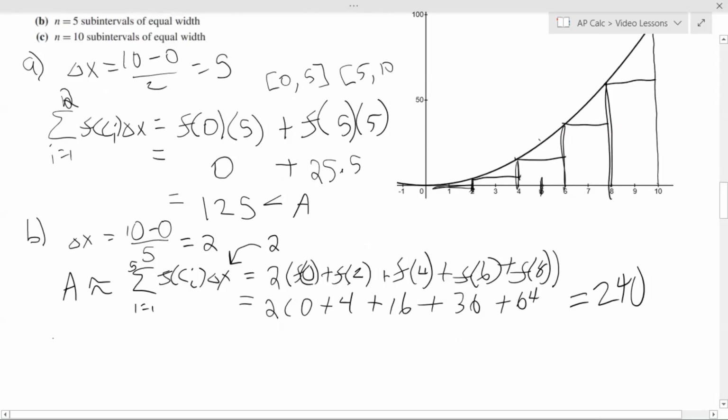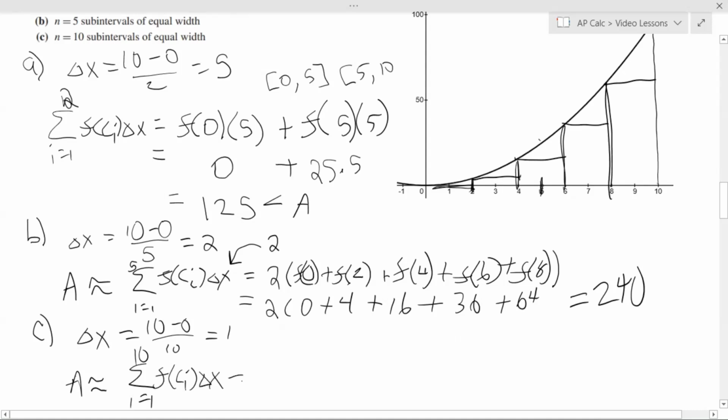Then for part C, we want to do 10 subintervals. So delta x equals 10 minus 0 over 10, which is 1. So I'm going to have 10 subintervals, each 1 unit wide. So the area is going to be approximately the sum, i equals 1 to 10 of f of ci delta x.